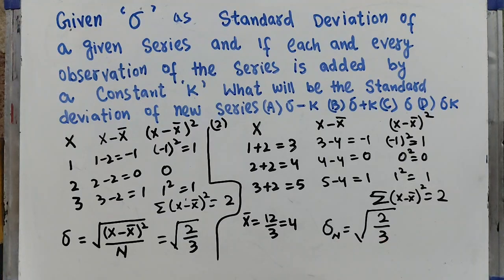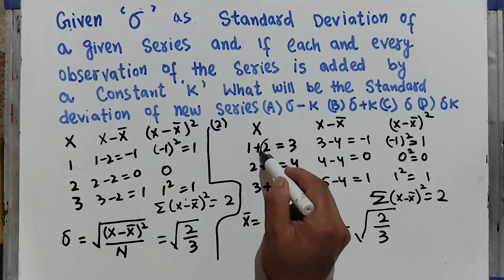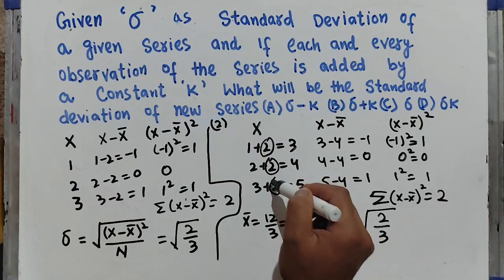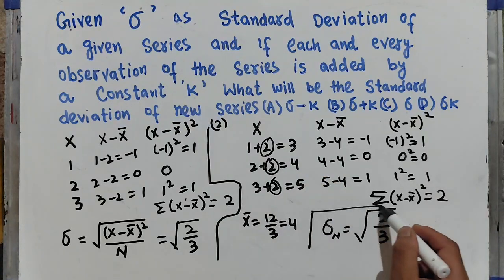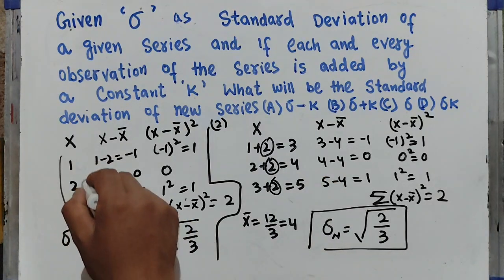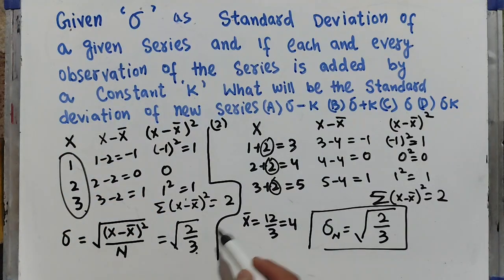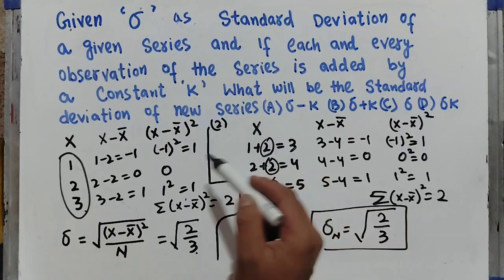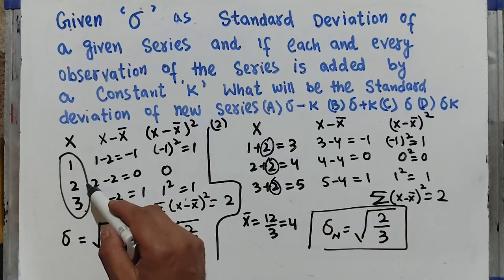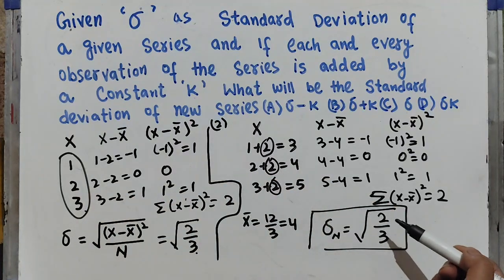When we added 2 to each observation, our standard deviation remained the same as we got earlier. The standard deviation of the original series came out to be 2 upon 3, and when each item was added by 2, we got the same standard deviation again.